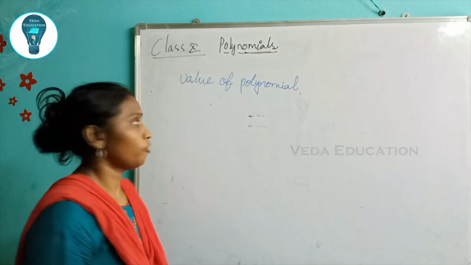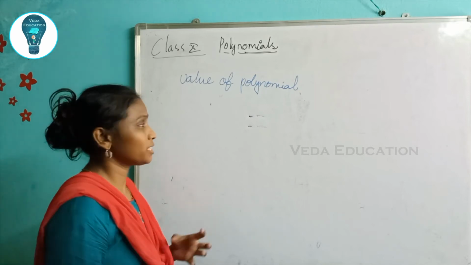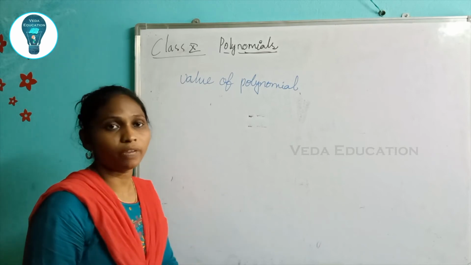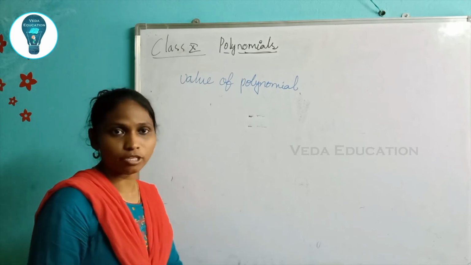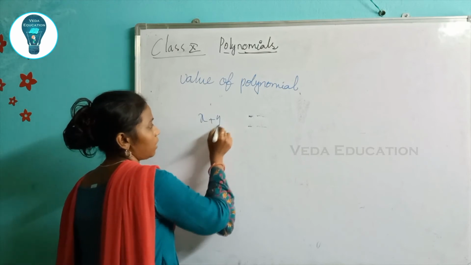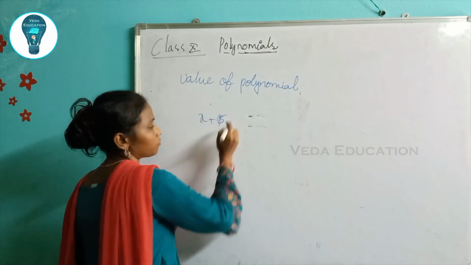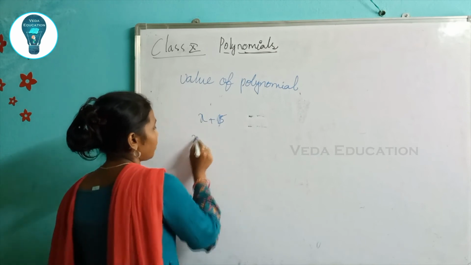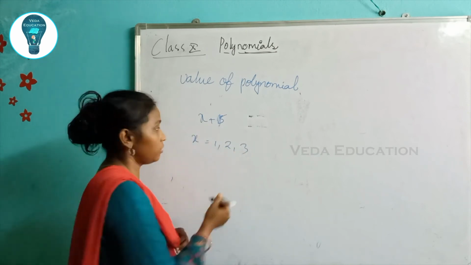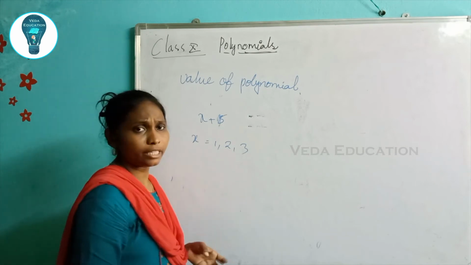Value of polynomial, what is value? Suppose I give some polynomial, in the variable place we have to substitute some values, so we will get values. For suppose here x plus 5, this is a polynomial. Now in place of x you can consider natural numbers, any integer or any rational number.